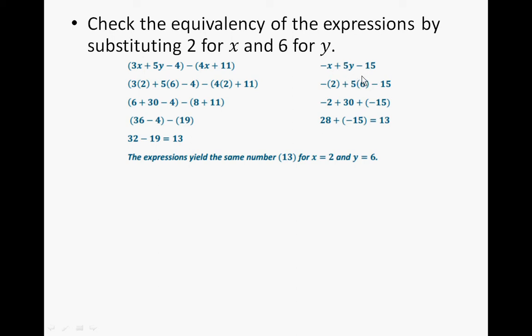With our equivalent expression, we take the opposite of 2, and 5 times 6 minus 15 would give us negative 2 plus 30 plus a negative 15. Then we have 28 plus a negative 15 equals 13. So the expressions yield the same number, 13, or the same value, for when x is 2 and y is 6.